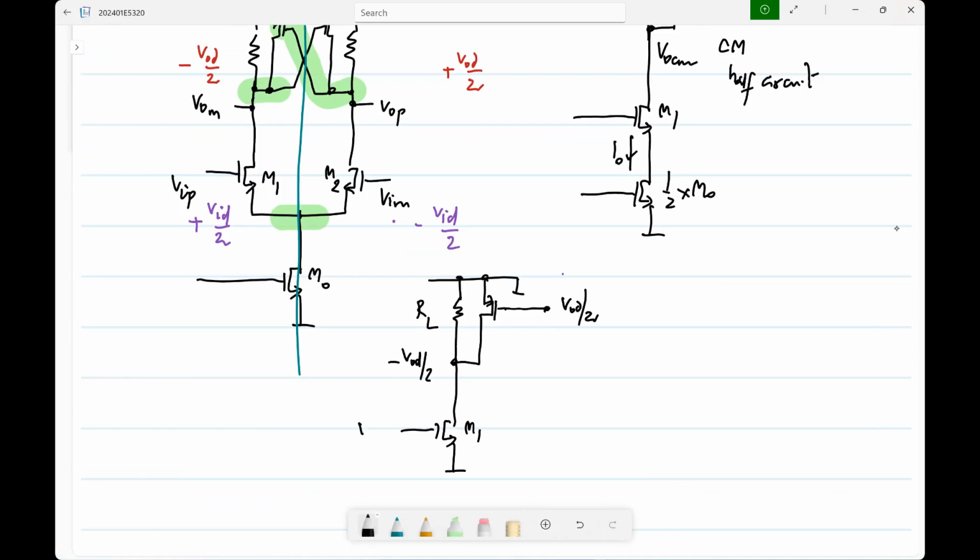So now, if I have VID by 2 here, what is the current there? Let's neglect the GDSs. What will be the current? GM1 times VID by 2. What is the current here? This is M3, let's say. What is that current?